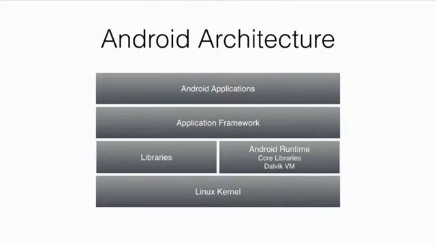Before talking more, I'll just introduce the Android architecture. Android is built on top of the Linux kernel, and on top of the Linux kernel there are libraries, and there is the Android virtual machine, which is actually a modified form of the Java virtual machine, and then the C libraries.